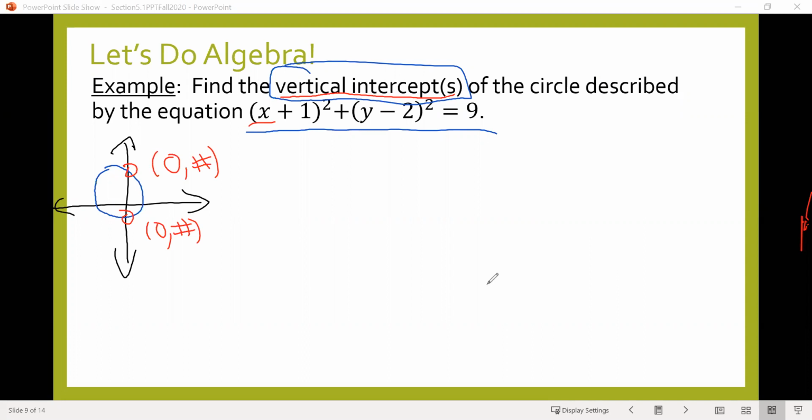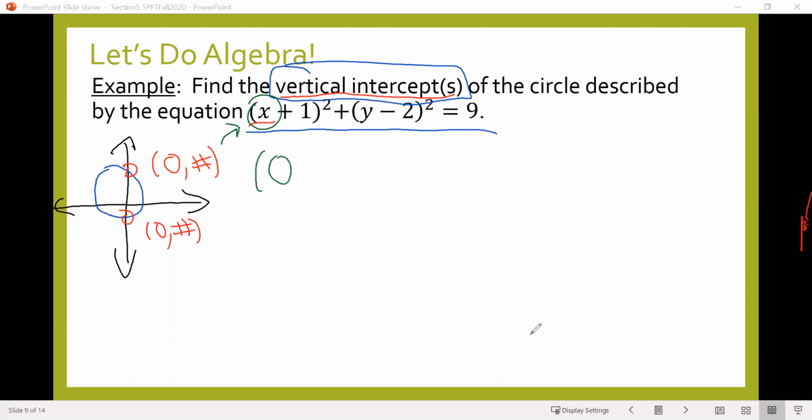So the input value is always 0, and then the output value is how much you go up or down on that axis, right? So given that information, how could we go about finding the vertical intercept or vertical intercepts of this equation? Right, let's just plug in 0 for our input for x and go from there.